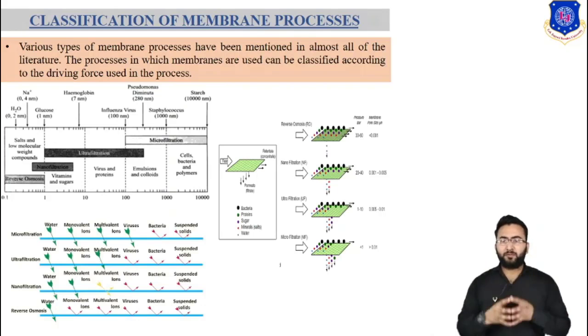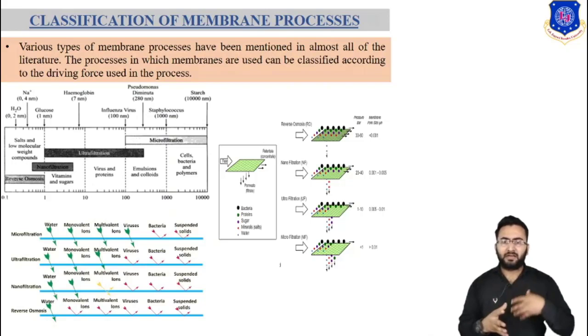However, these processes are differentiated by the size range of particles or solutes that are separated. Reverse osmosis is essentially a dewatering technique, whereas ultrafiltration is used for the purification, concentrating, and fractionation of macromolecules. Nanofiltration is intermediate between ultrafiltration and reverse osmosis, and as the name implies, the size of the solute excluded is of the order of 1 nanometer.